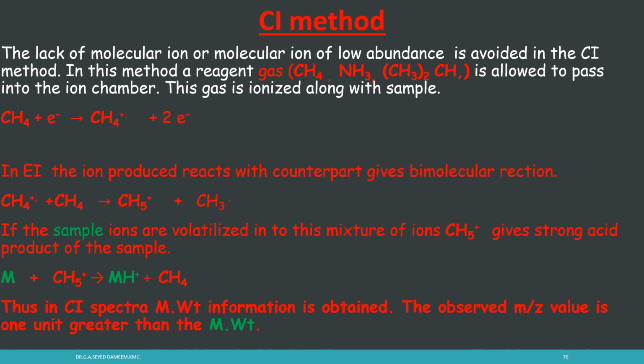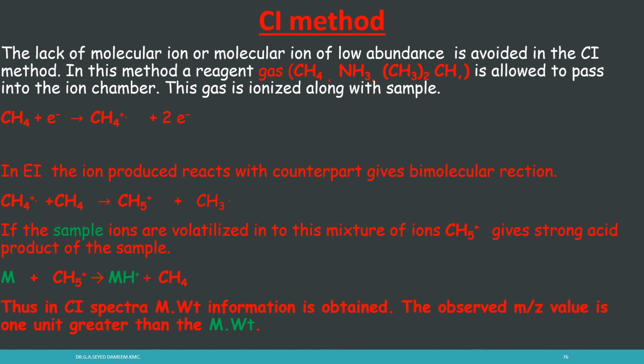If the sample molecules are also volatilized into this mixture of ions, the CH5 plus acts as a strong acid and gives the acid product of the sample. Here M is the molecule of the sample, methane is the reagent gas, and CH5 plus is protonated methane, which protonates the molecule of the sample and gives MH plus.